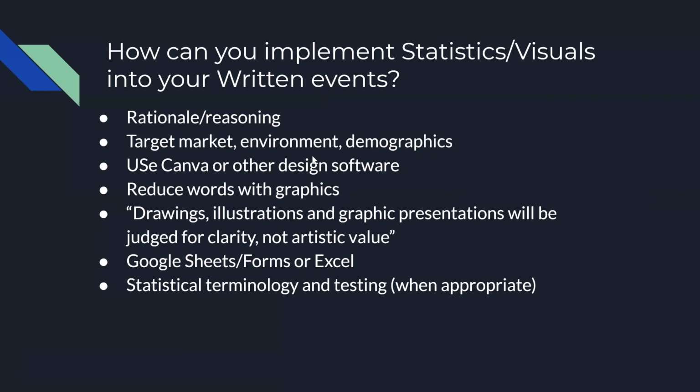You may not be familiar with what exactly Canva is, but there are a ton of different design softwares out there that you can use. Canva is just an example, and it's one that I personally enjoy and find very useful. You can copy your text there after you make your Canva template and all your graphics, and import all your information, and then your written project turns from a really bland piece of plain text into pretty much a 20-page or a 10-page graphic.